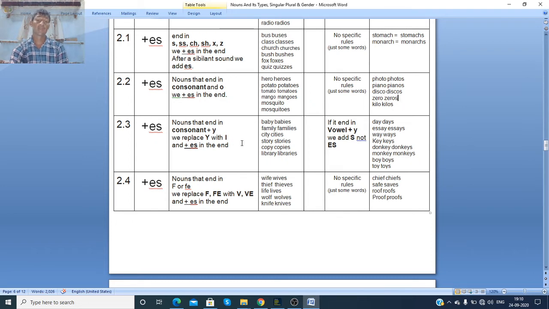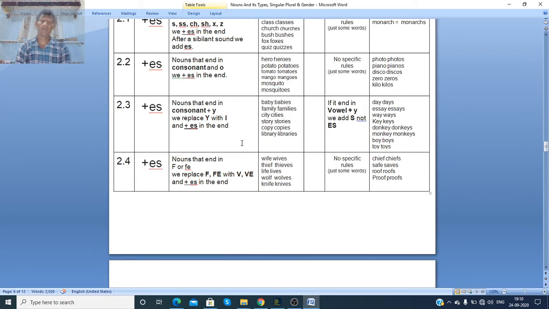And nouns that end in a consonant and Y, like baby: B is a consonant and then Y. We replace Y with I and add ES to make them plural. Baby will become babies. But if it ends in a vowel like A, E, O, and then Y, we add S, not ES.